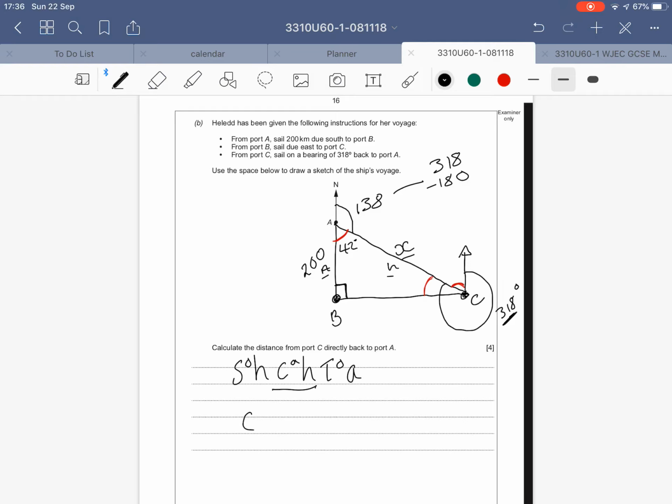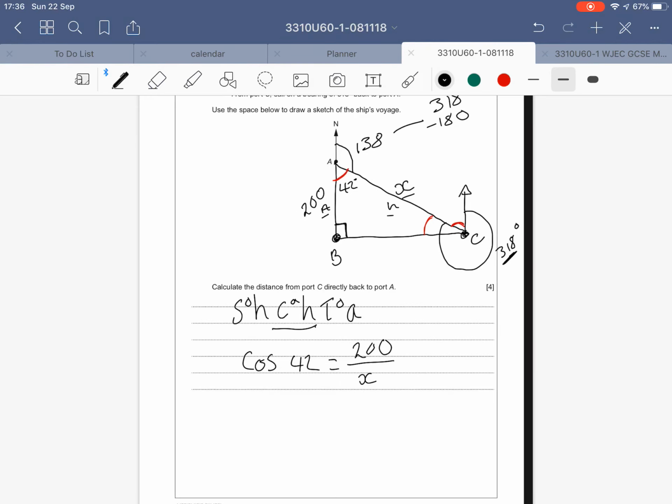So we've got cos of my angle, which is 42, equals A, which is 200, over H, which I've labelled as X on the bottom. So we can do 200 divided by cos of 42, which is 269.